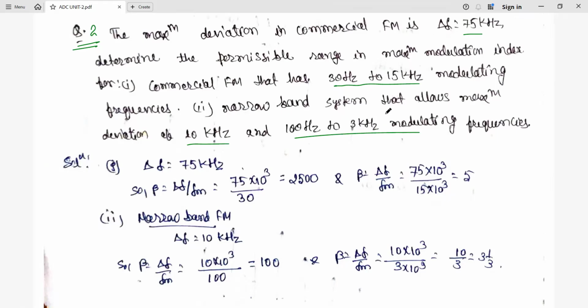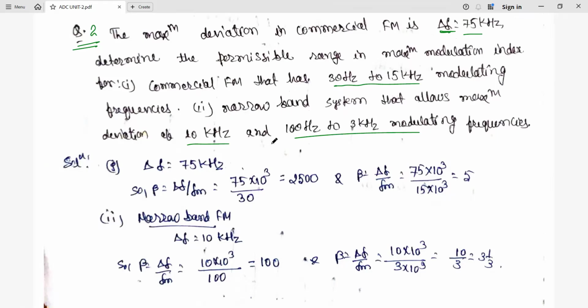So two different situations are given here. In the first, del F is 75 kilohertz. What they're asking is commercial FM with the given modulating frequency range. Again, narrowband is given here. So we have to find the beta value first.